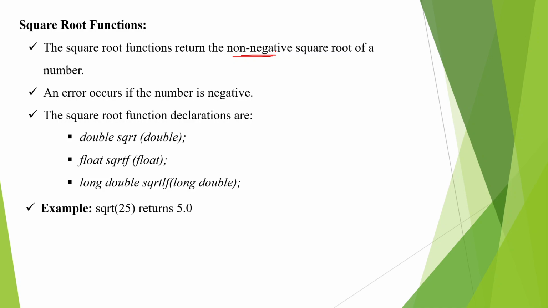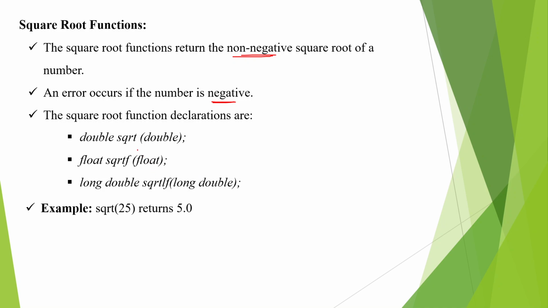Hopefully you can read the second statement. It is relevant to what I have explained just now: an error occurs if the number is a negative number. The square root function again has three variants: one to be used with double types, another with float types, and the last with long double types.